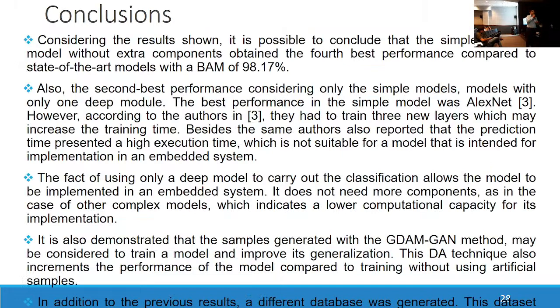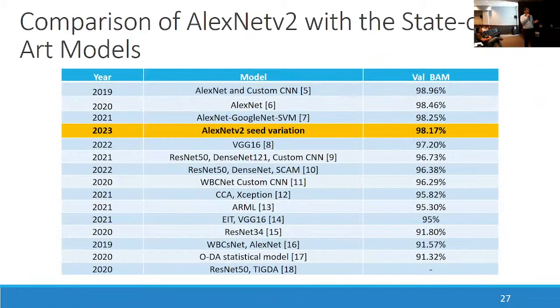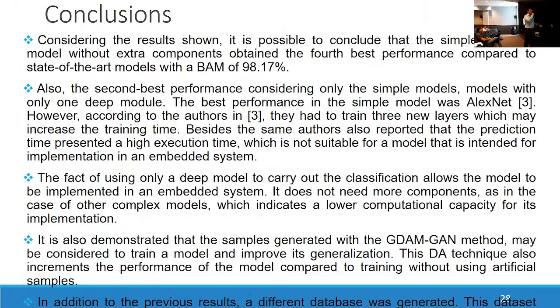So, considering the results above, we conclude that the simple AlexNet without extra components could efficiently solve the classification task with a performance of 98.17%. And that varies only about 0.6% from the first place. That is not much.